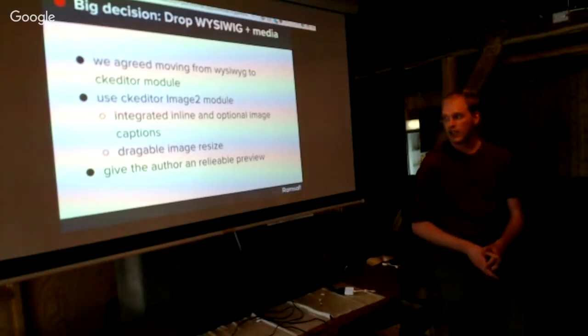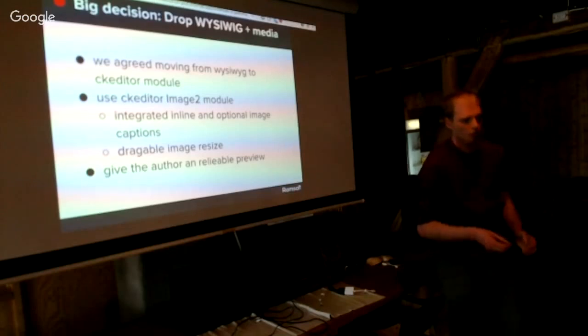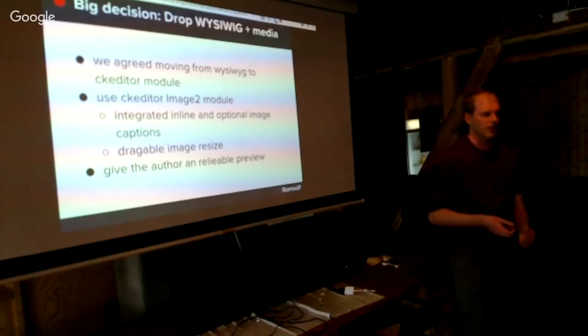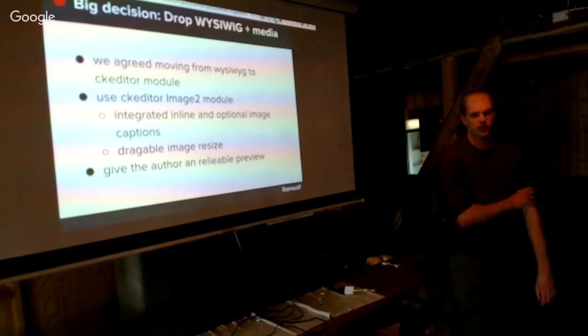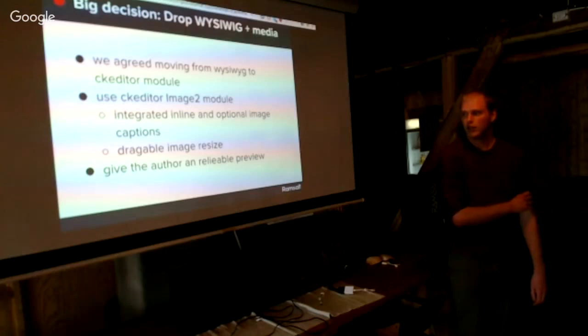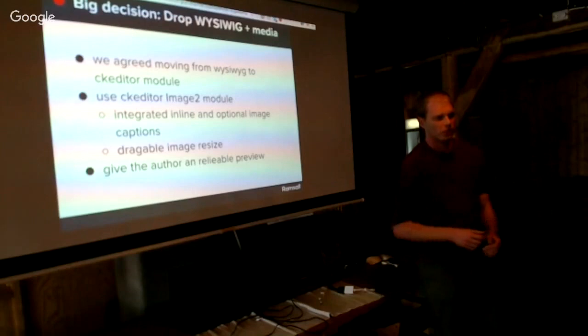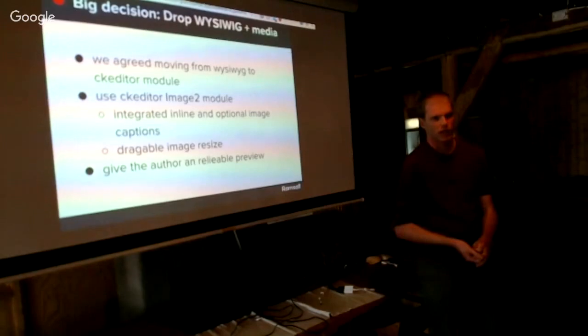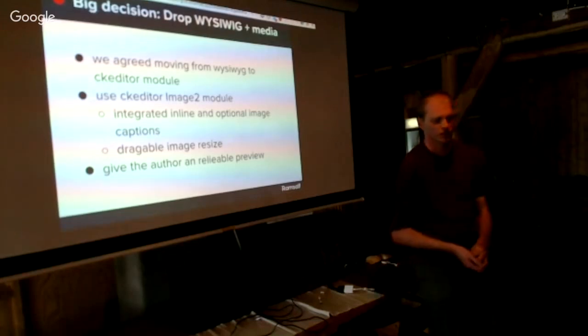And at the end, it should give the author a more reliable preview of the things that he is doing, because just presenting a scaled image in the CKEditor was not enough. So having the caption shown, make it editable, and being also able to use other kinds of widgets in the CKEditor field. In our case, it were fact boxes or quote boxes, which were before also entities that were attached as fields to different places.